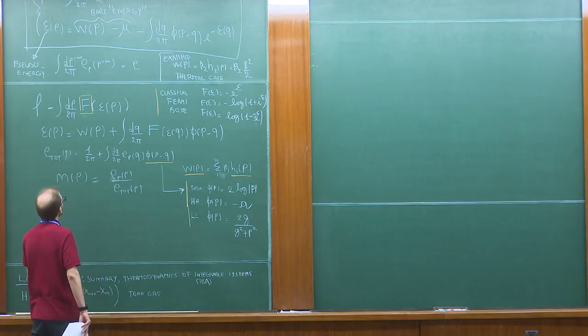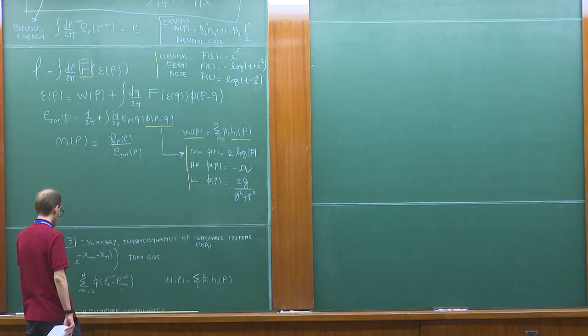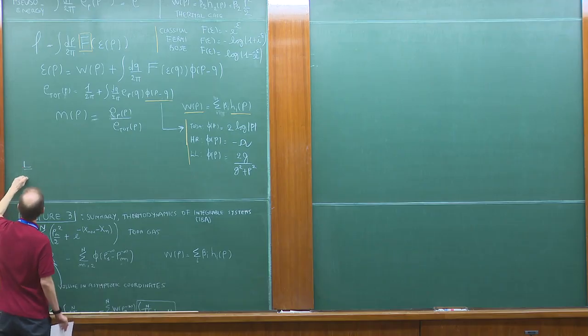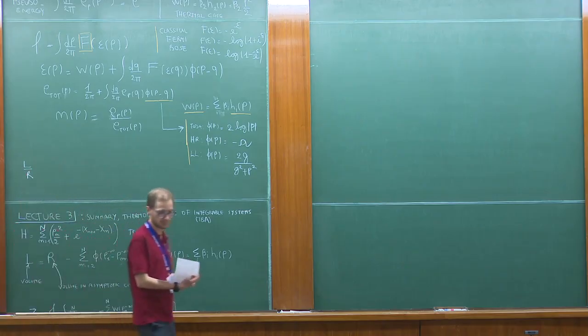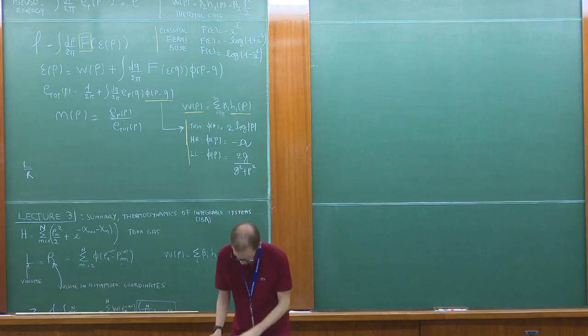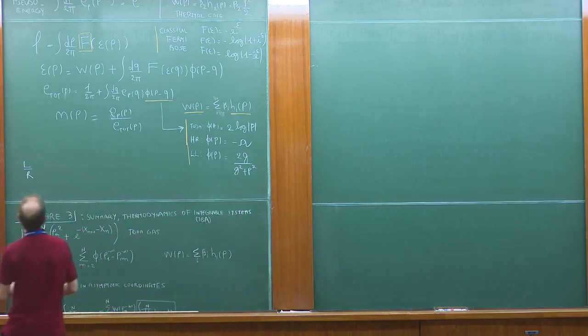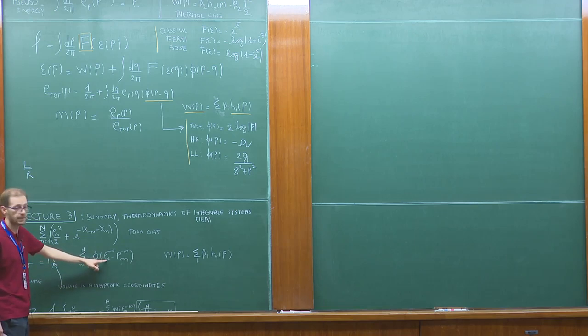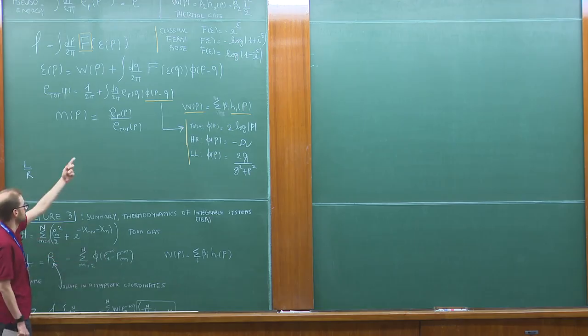This rho tot has an interpretation, and fortunately the blackboard is winding back exactly at the right moment, because you see that this integral equation is pretty similar to the continuum limit of this. If you define L over R, you will see that L over R from here is equal to 1 minus this sum, which in the thermodynamic limit becomes the integral of this phi times the rho, the density of quasi-particles.